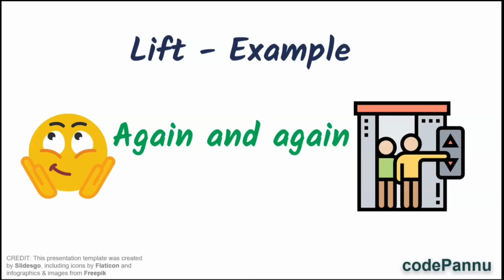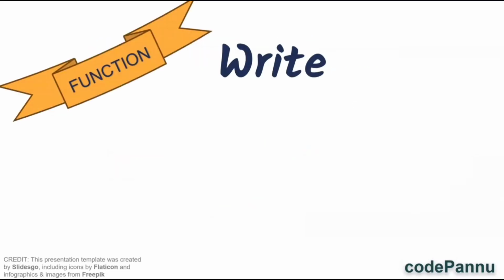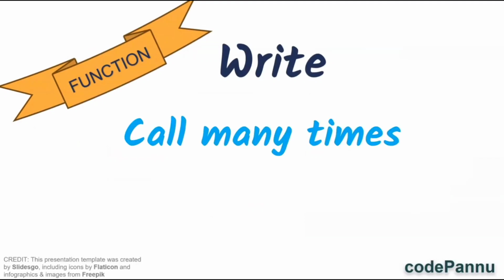You will press the button to call the lift and use it. Did you notice that the lift is installed only once, but you called it as many times as you like, right? In the same way, once a function is written, you can call the same function as many times as you want, just like using the lift.